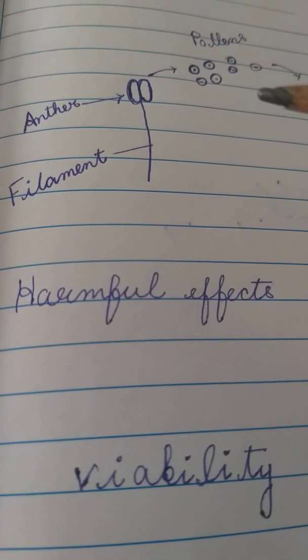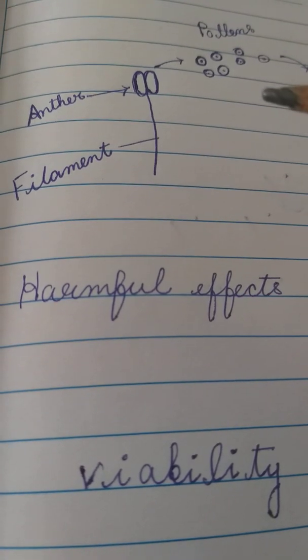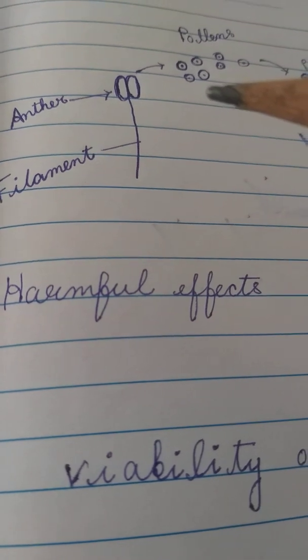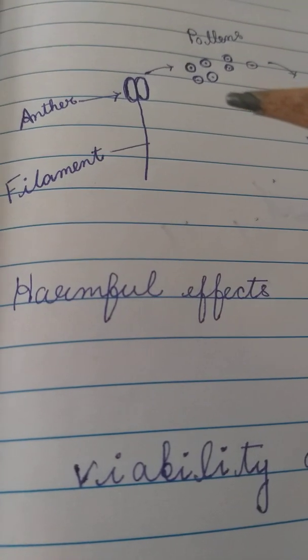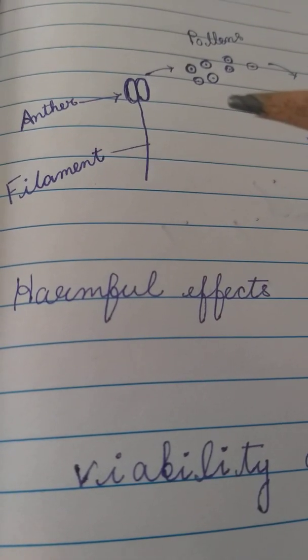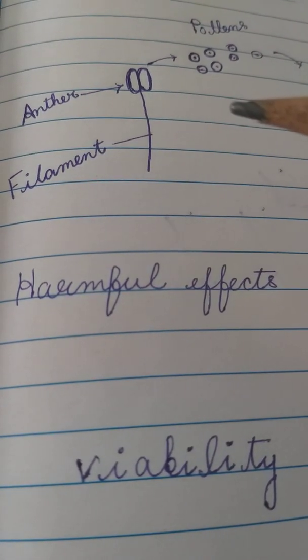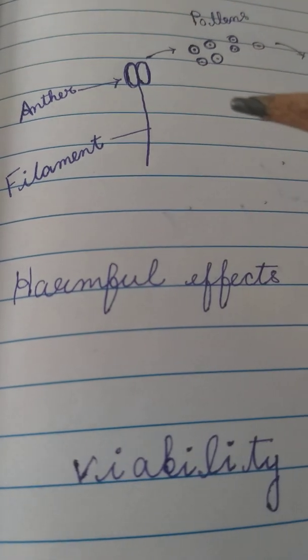Parthenium or carrot grass is a foreign species, exotic species. It does not belong to our native land. It was introduced to India as a contaminant along with imported wheat.